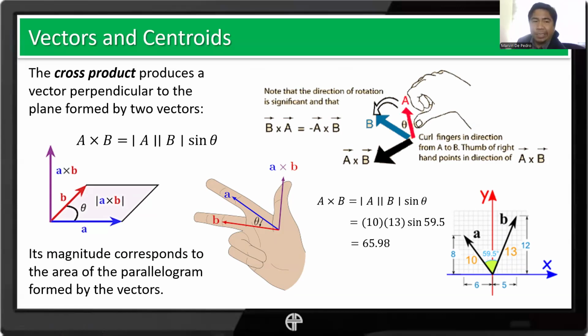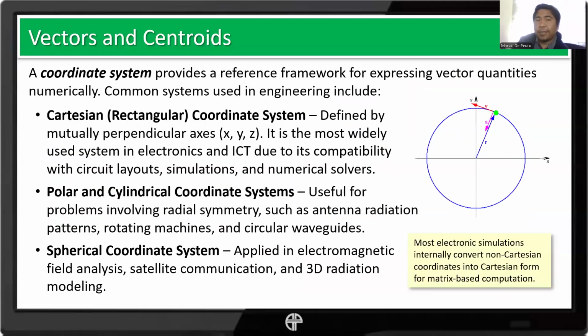I hope you get the concept of dot product and cross product. We're going to have some more illustrations in our face-to-face discussion and in our handouts.